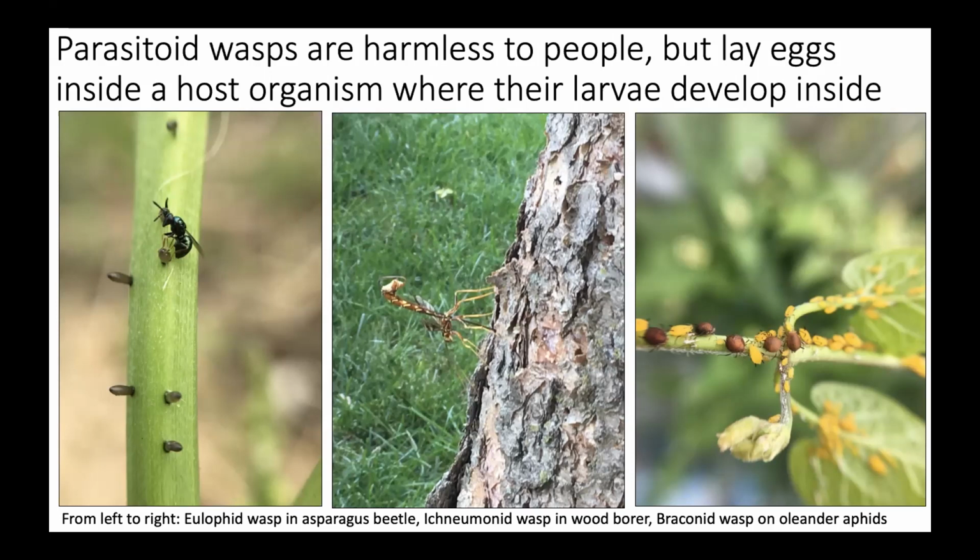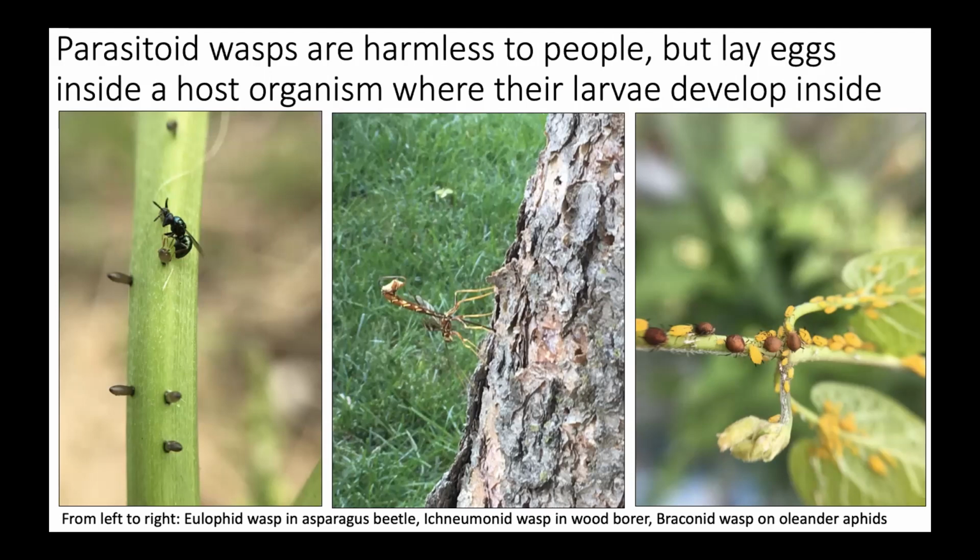And then their larvae develop, consuming the other organism. And out of that pops this wasp, or the parasitoid. So it's a little bit like Alien, but this is all real life.